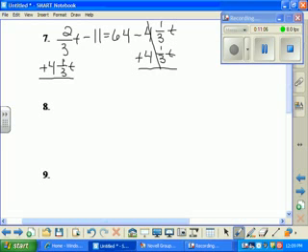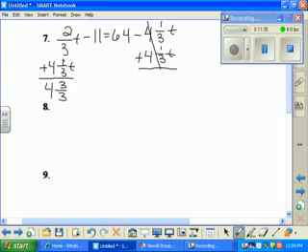Okay. 4 1/3 plus 2/3. When I do this, I don't have any numbers out front to add to it, right? So I'm going to leave that 4 for now. Then I've got 2/3 plus 1/3. What's 2/3 plus 1/3?